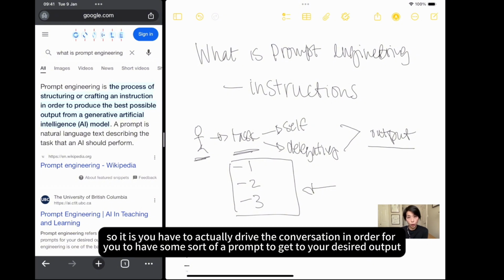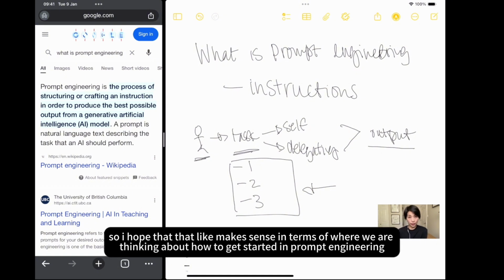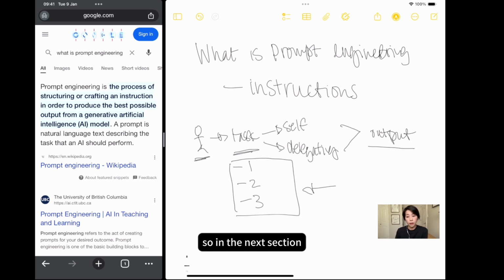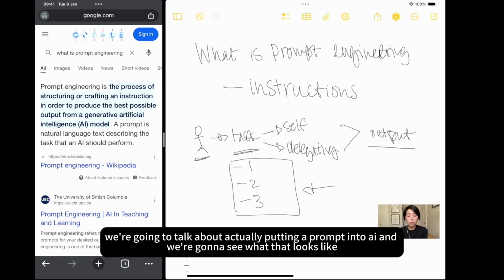So you have to actually drive the conversation in order to have some sort of prompt to get to your desired output. I hope that makes sense in terms of how we are thinking about getting started in prompt engineering. So in the next section, we're going to talk about actually putting a prompt into AI, and we're going to see what that looks like.